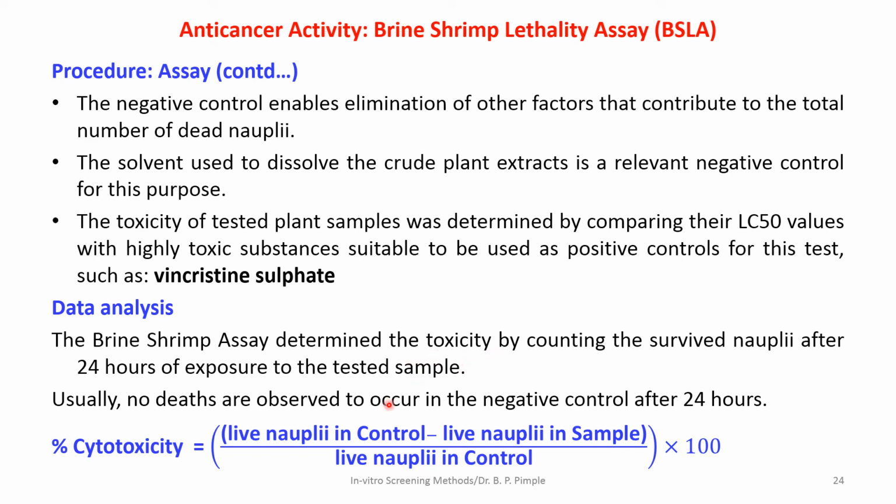That means by counting the surviving nauplii after 24 hours of exposure to the tested sample. It is preferable that there should not be death in the negative control after 24 hours, or there should be minimum death in the negative control.